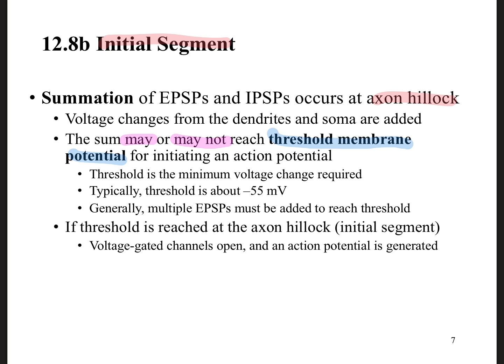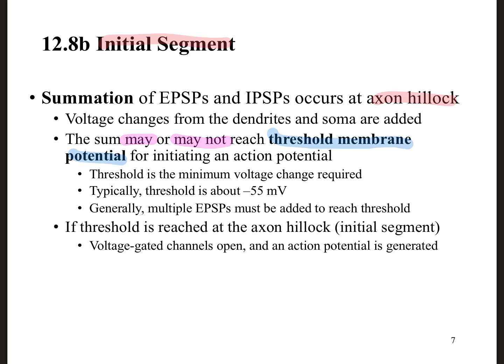Let's back up. Nate, which voltage-gated channels? Yes, you're right. Which voltage-gated channels open first? Not calcium. Where are calcium channels? In the axon terminus. We're at the initial segment. What type of channels are present? Sodium channels first.